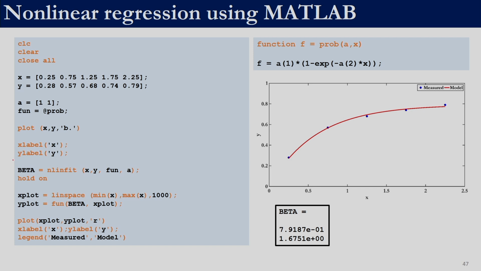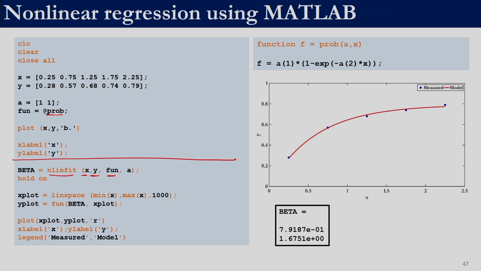We have discussed this so far. The syntax for nlinfit is the independent variable, followed by the dependent variable, followed by a function handle. Here it is fun, because the problem that we have is written in the function fun.